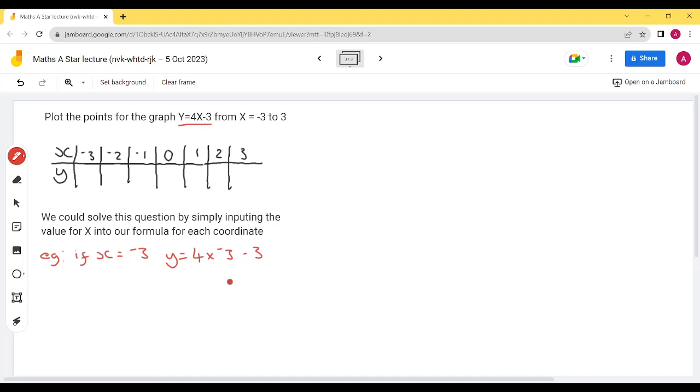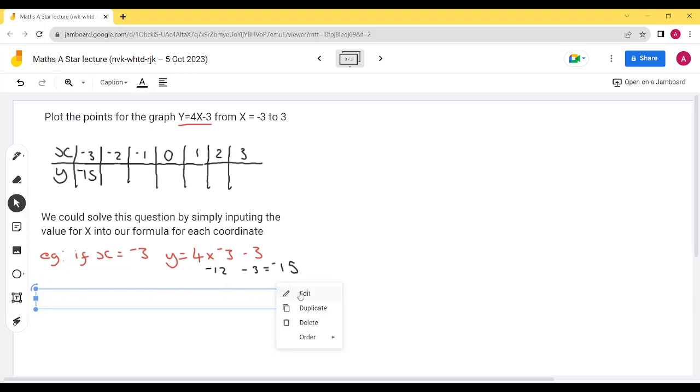So 4 times 3 is 12, and a negative times a positive is a negative, so it would be negative 12, take 3, equals negative 15. So you could do this at every single stage, then do it for x equals minus 2, minus 1, and so on. That would be one way to work it out.